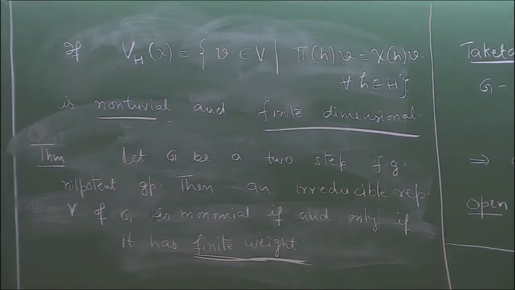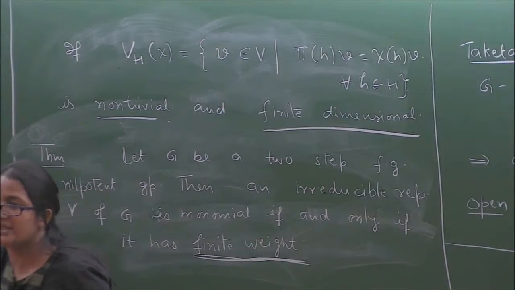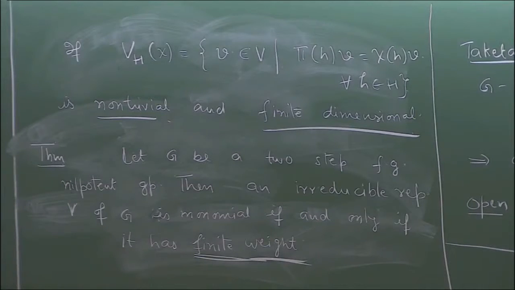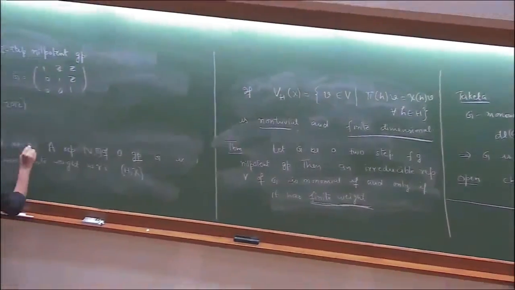One would wonder how this finite weight condition came into the picture. It's called finite weight if I can find any H, chi such that it has finite weight with respect to H, chi. Let me just say this. Finite weight with respect to H, chi.